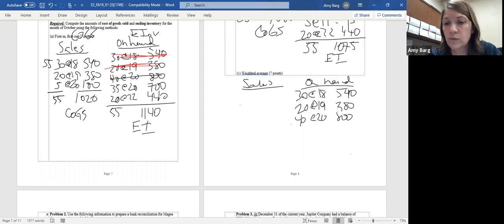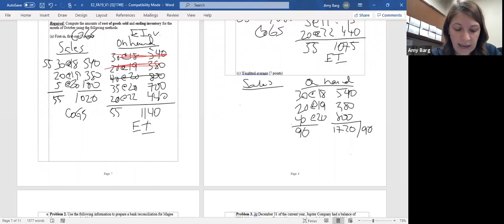We don't know. So we know that we have 30 plus 20 plus 40. We know that we have 90 units that all together cost us $1,720. That's what we know. So if we divide the 1,720 by 90, we get that each unit is worth $19.11.